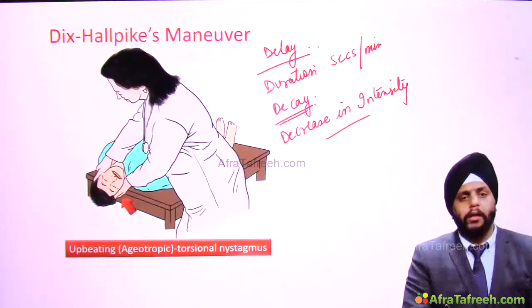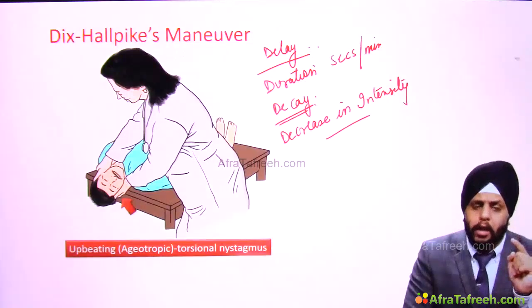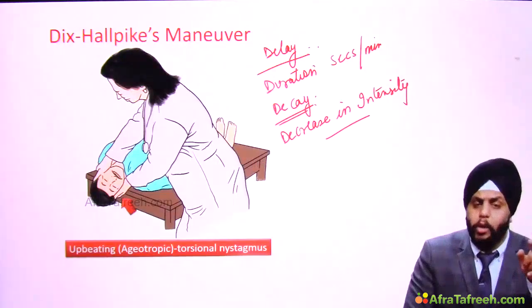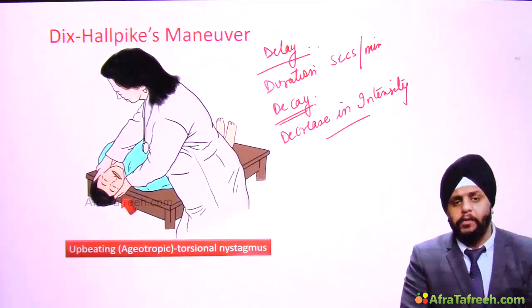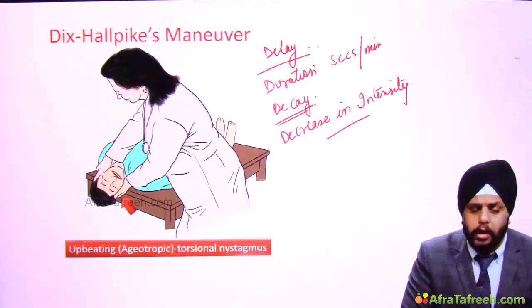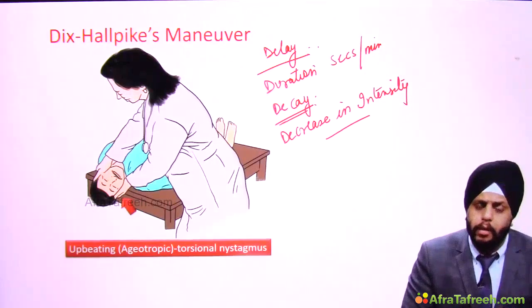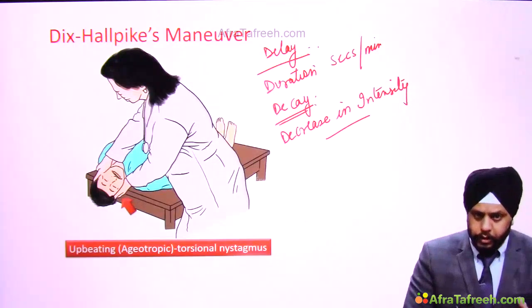Now remember the posterior semicircular canal. This canal forms a crus commune with the non-ampullated end of the superior semicircular canal. So that means if the posterior semicircular canal is affected, there will be some effect on the superior semicircular canal also.